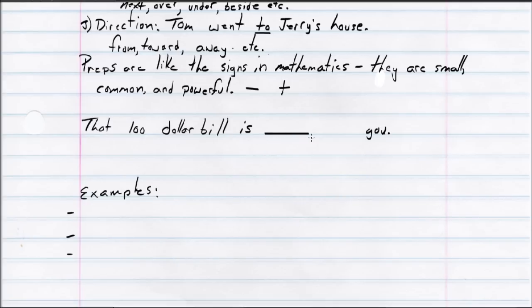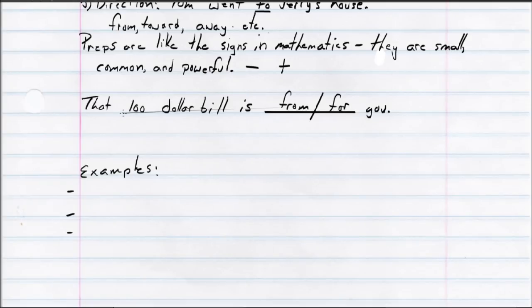Now go ahead and make an underline here. And let's put down these 2 words, from and for. Okay, so that $100 bill is from you or for you. Those are 2 very, very different things. I know which one I would rather it be.